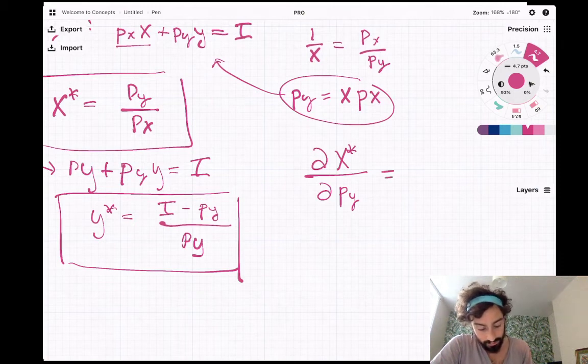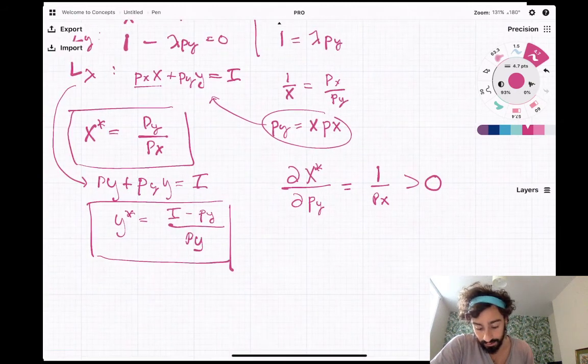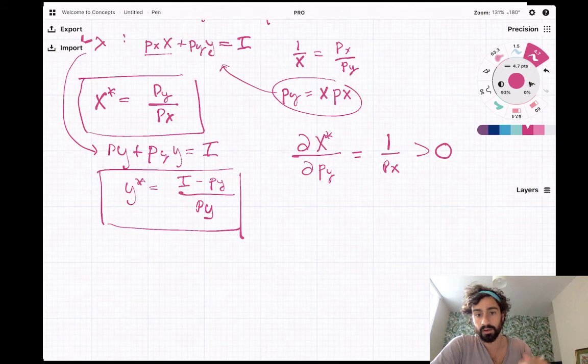So it's just this divided, this is just py times 1 over x, so that's just 1 over px, which is greater than 0, right? 1 over px is greater than 0 because px is greater than 0. We know that prices are strictly positive. I mean, we're assuming prices are strictly positive, and so 1 over a positive amount is a positive amount.